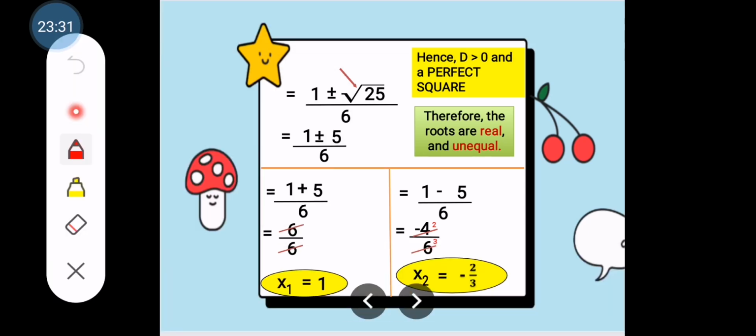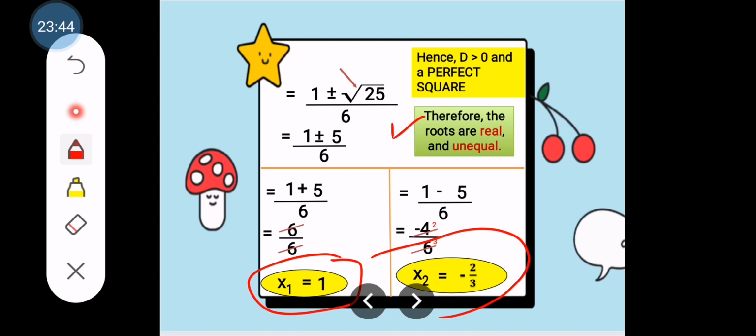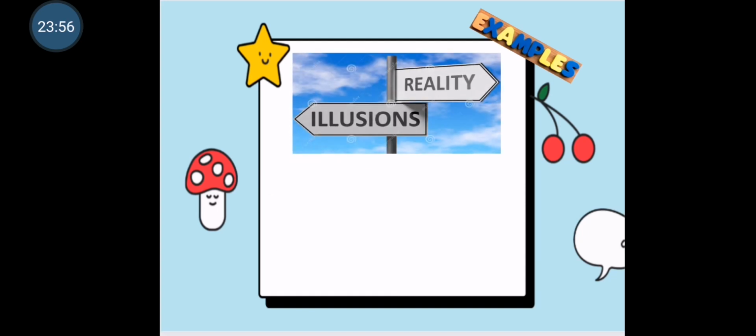Kasi, tingnan nyo, ang first root natin is 1, while the second root is negative 2/3. So, magkaiba po sila. So, yun po ang ibig sabihin ng nature of roots nung discriminant na greater than 0 at the same time a perfect square. Okay, di ba? Proceed na tayo sa pangatlo.